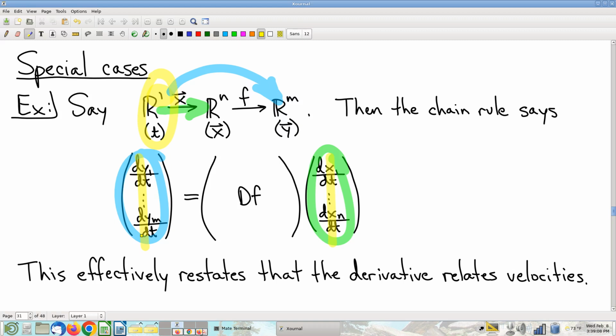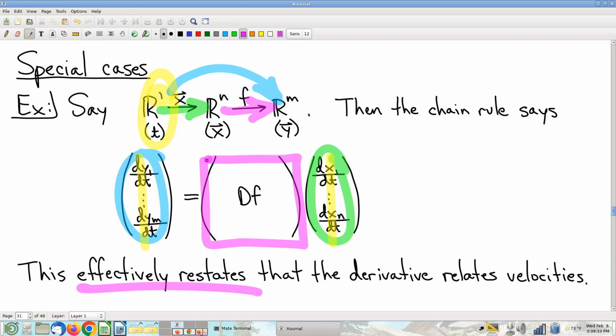These derivative matrices are single column. They're just the velocity vectors of those parametric curves. And this recovers for us something we already knew about the derivative matrix of f: it relates input velocity to output velocity. We already knew this.